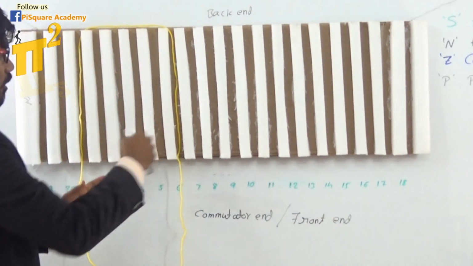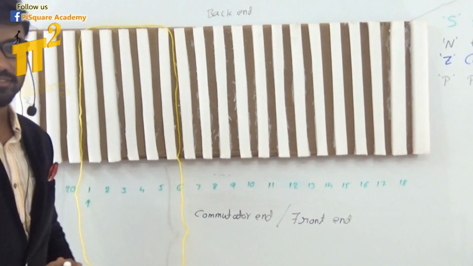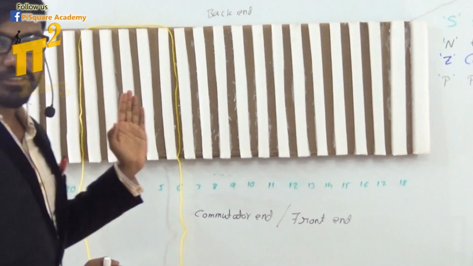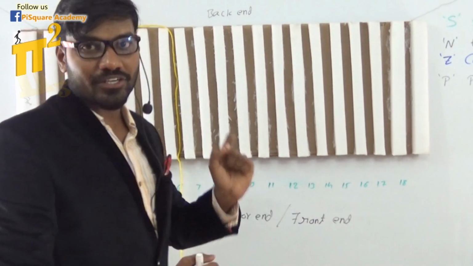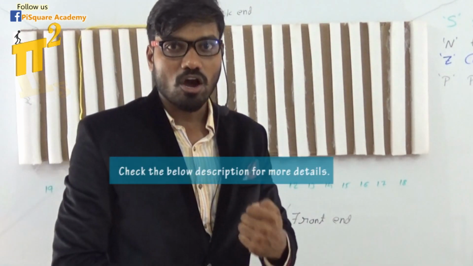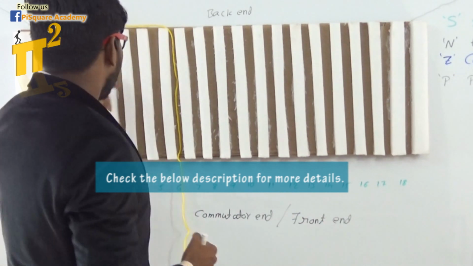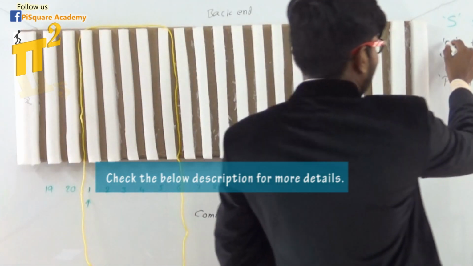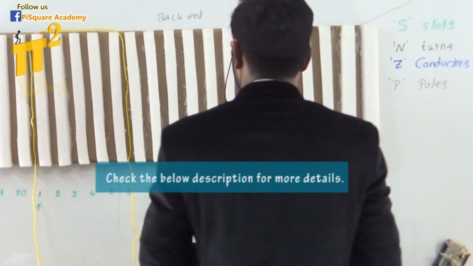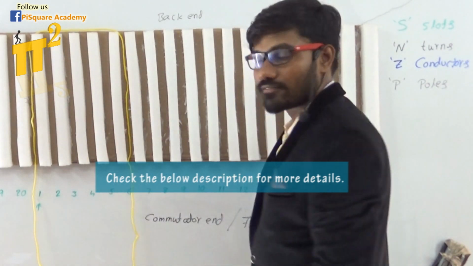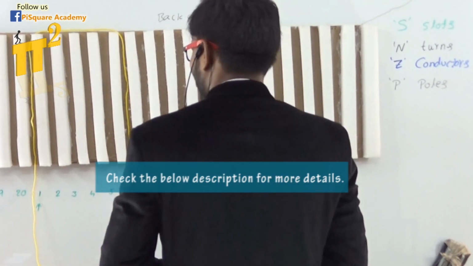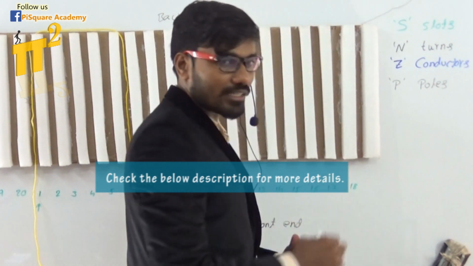This one turn has how many conductors? 2 conductors. And this number of turns is always an integer, because we cannot have half a turn or a quarter turn. We'll have some integer number, 1, 2, 3, 4 like that. So if the number of turns, that is n, is an integer, one turn has 2 conductors. So what is the relation between number of turns and number of conductors?